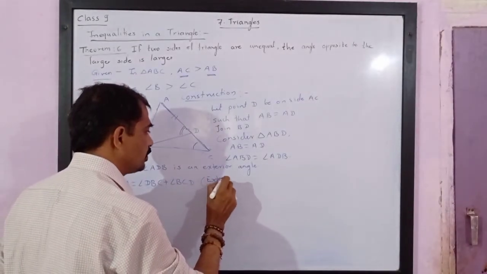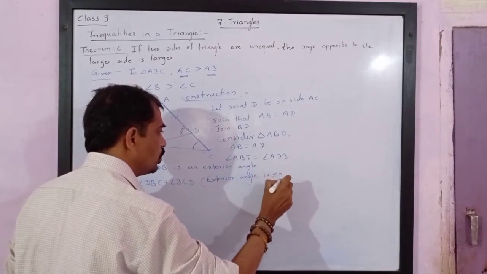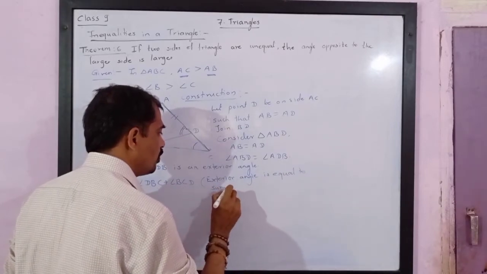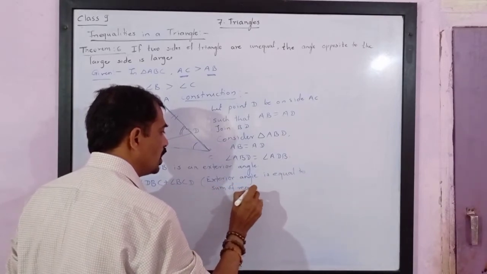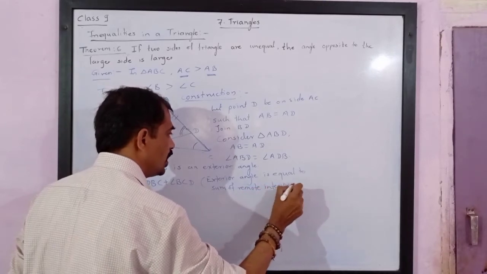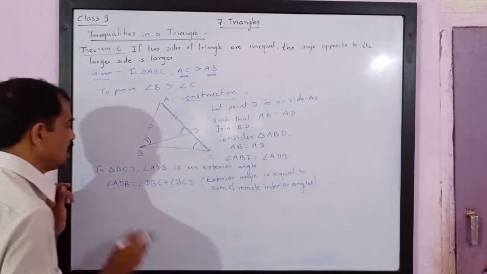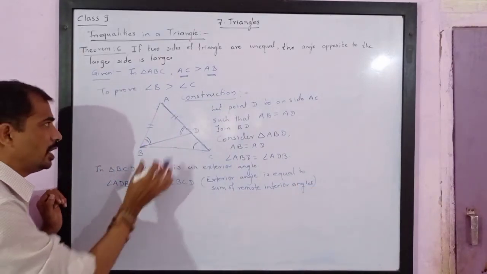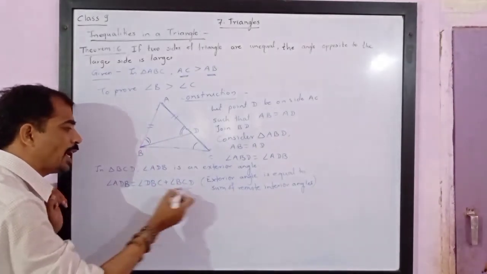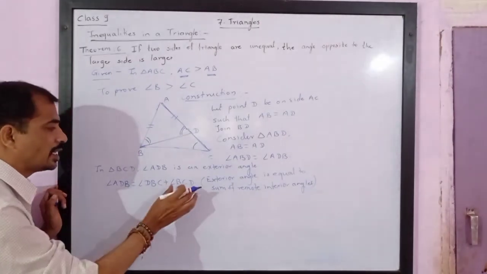So it means, see, if ADB is equal to DBC plus BCD, here both angles are not zero, so it is always greater than one of the angles.